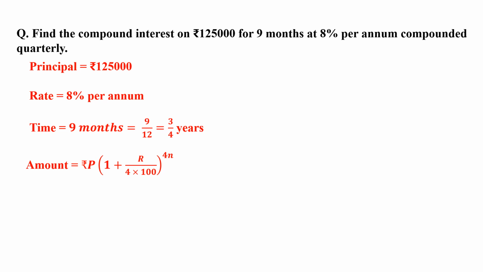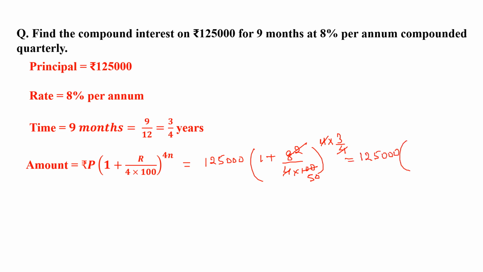The principal is 1,25,000 and your rate is 8, so 8 by 4 into 100, whole to the power 4 times n, where n is 3 by 4. So 4 and 4 cancel, and 8 by 400 becomes 1 by 50. So it became 1,25,000 into (1 plus 1 by 50) whole cube.